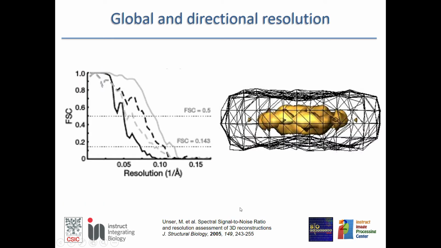Then there are these ideas about resolution. Resolution is something that we normally measure through the Fourier shell correlation. The Fourier shell correlation compares the correlation of bandpass filtered versions of the two reconstructions that we make from the two halves of the data set.